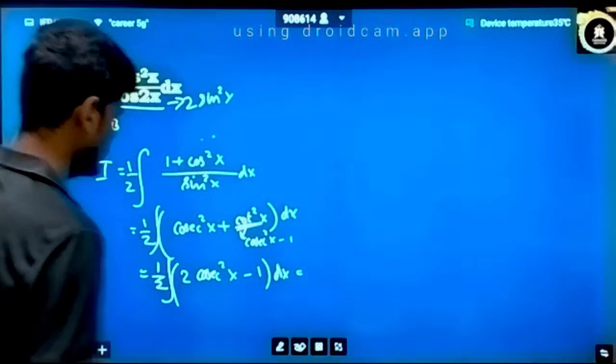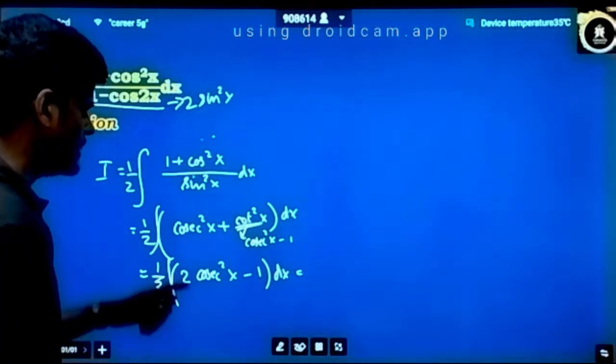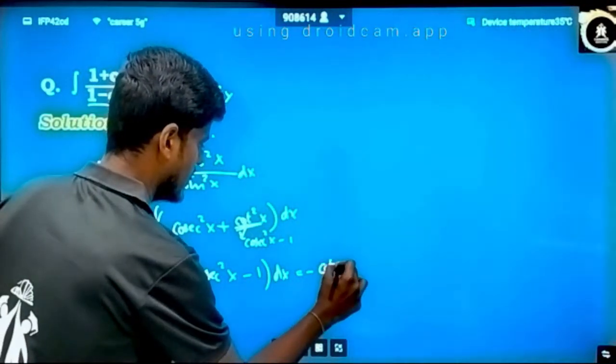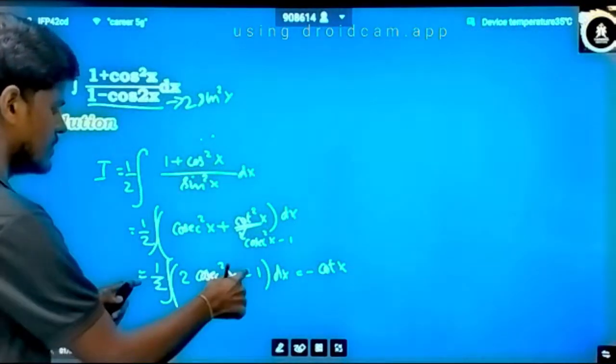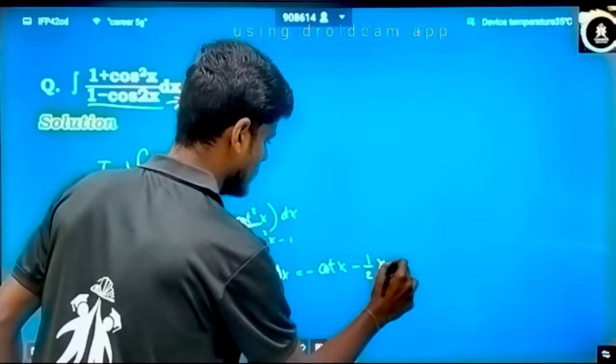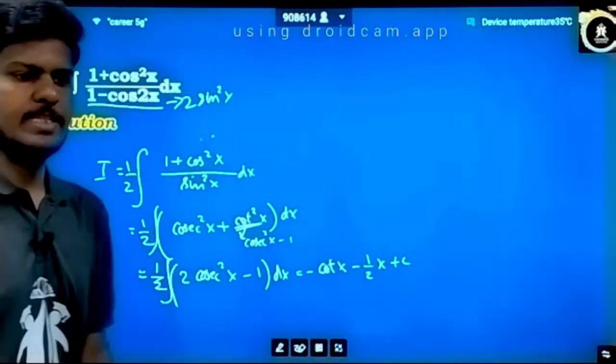And what is the answer for this? Half into 2 will get cancelled. The first term is integral cosecant square x, that is minus cot x. The next term will be minus half integral dx, that will be minus half x plus c. This is the answer.